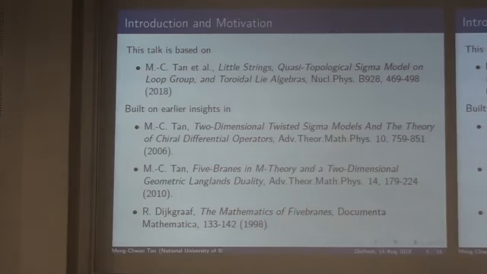The physical string has excited states both on the left side and the right side. And the quasi-topological sigma model, and therefore the quasi-topological string, only has excitations on the left side, but no excitations on the right side. Okay? So in some sense, you can define the elliptic genus, because the elliptic genus is really counting states which are excited on one side. Okay, and we will do something similar later on.